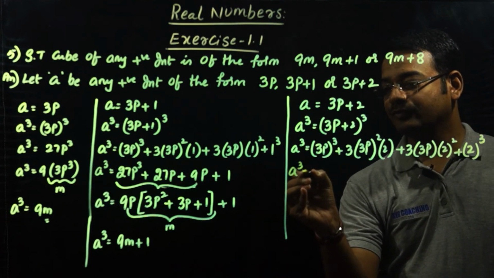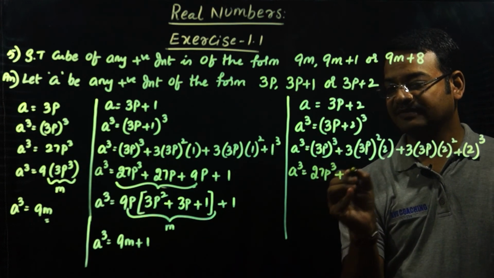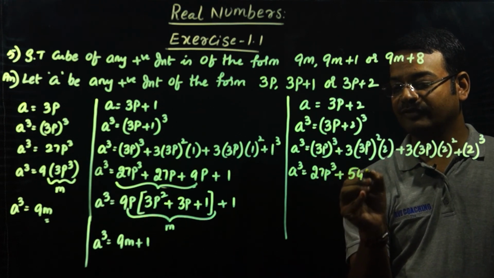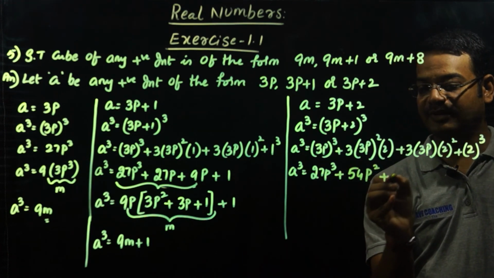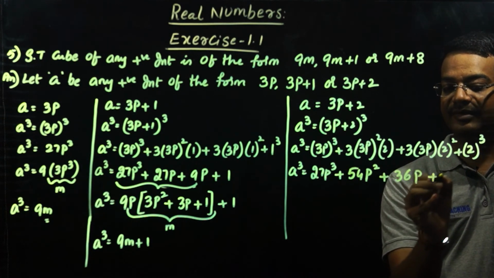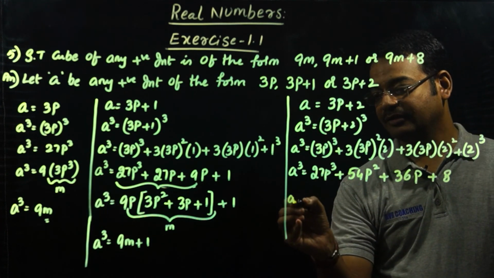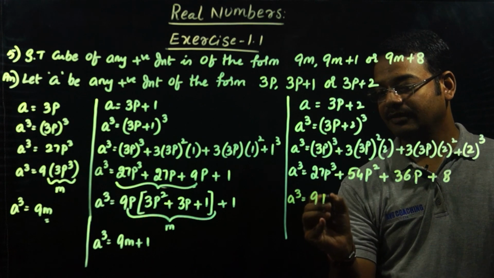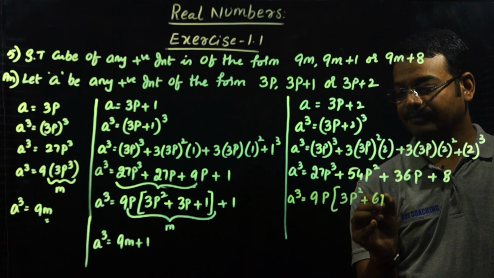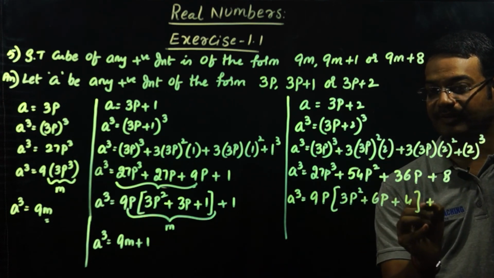So A cube is equal to 27p cube plus 54p square plus 36p plus 8. Now if we take 9 common here, 9p is common, so we will get 3p square plus 6p plus 4, plus 8.